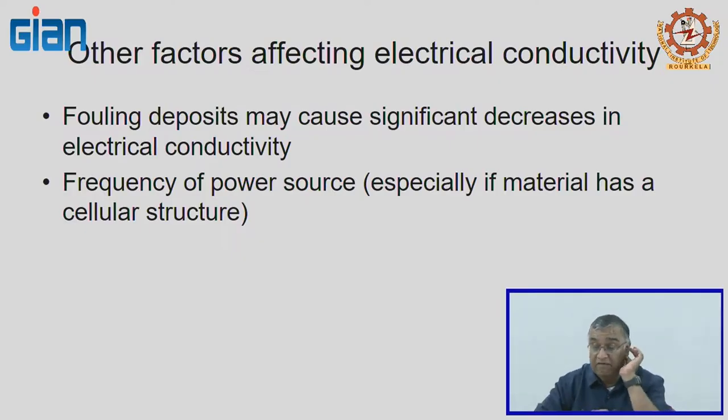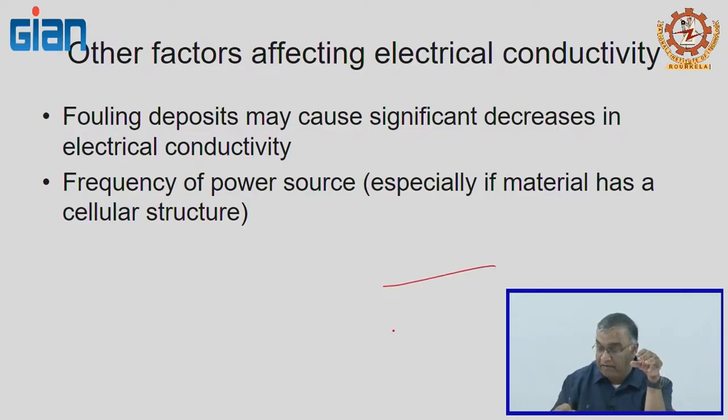The other factor affecting the electrical conductivity of the material is fouling. Remember, fouling is when you process a protein product, for example egg yolk or milk or any protein product, you are heating, and you are going to have deposits on the heat exchanger surfaces. That's the fouling, and that needs to be removed. If you don't remove it, it's going to reduce the heat transfer to the heat exchanger surface.